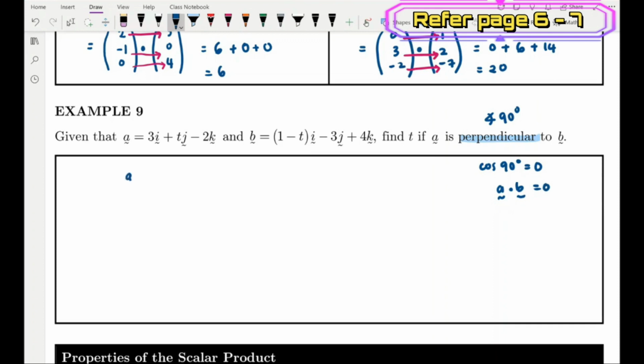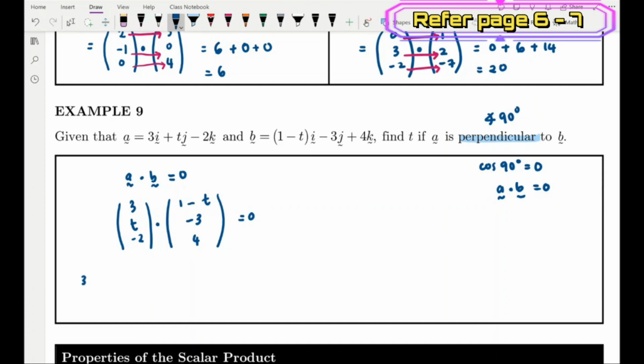By using this property, we can find the value of T. A is 3T, negative 2, dot 1 minus T, negative 3 and 4, equal to 0 because it is perpendicular.